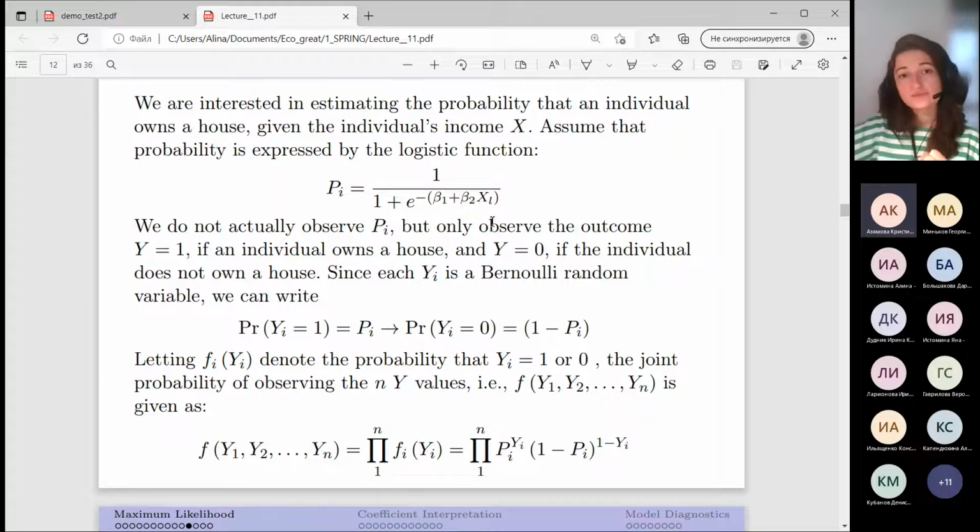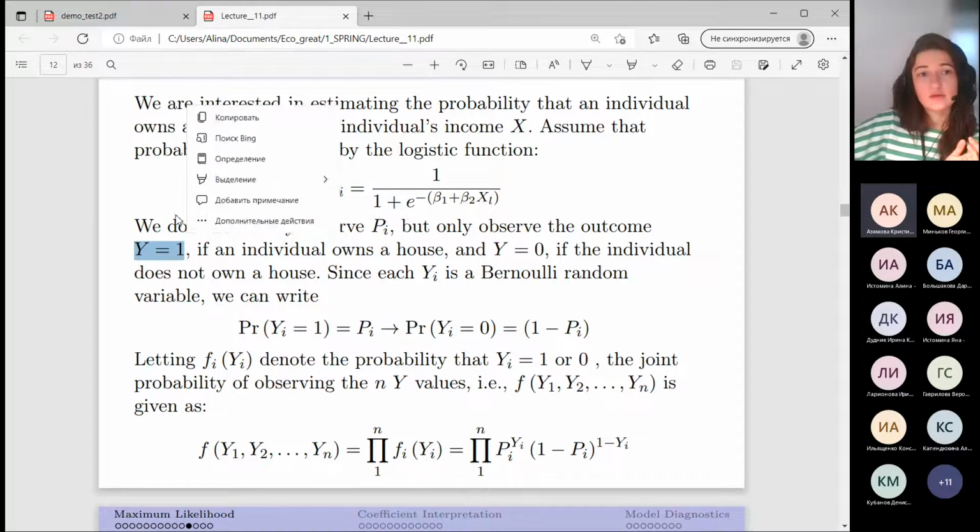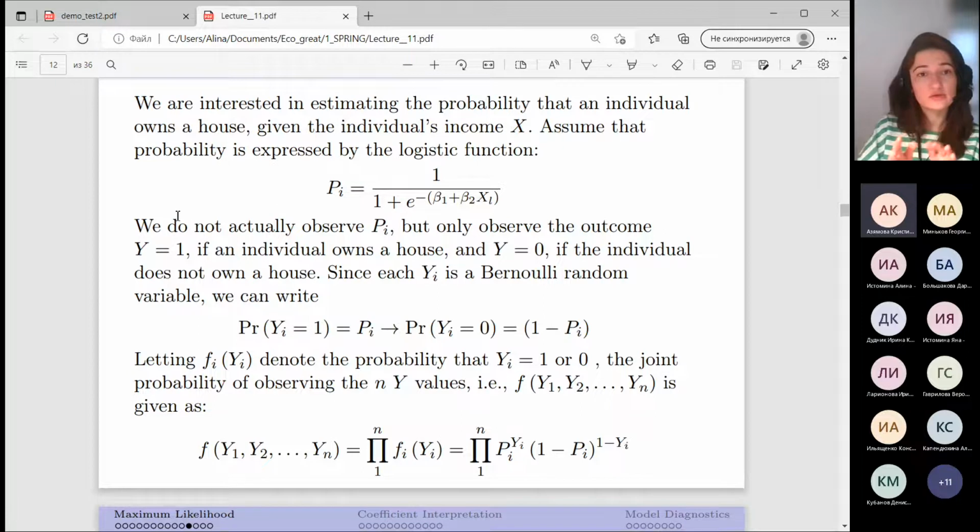Also, you should remember that we don't actually observe this probability. We only observe the final outcome of our dependent variable. This variable can equal 1 or 0: 1 means that the individual owns a house, and 0 if the individual doesn't own a house. And again, our variable follows the Bernoulli distribution.